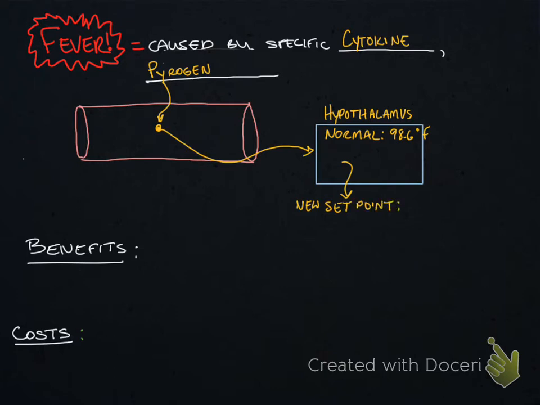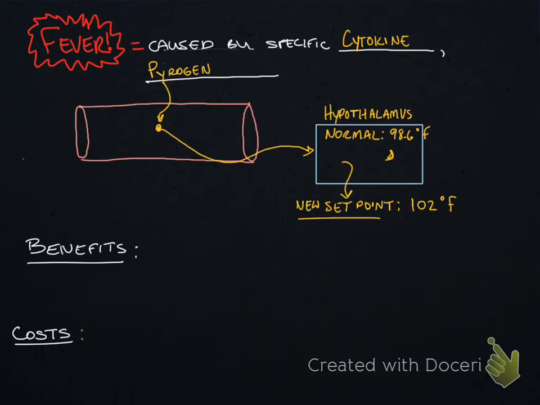And let's say that we have enough of these pyrogens that our new set point is 102 degrees Fahrenheit. Okay? So pyrogens get released into the blood, they travel to the hypothalamus. The hypothalamus has these sensors for pyrogen, and whenever it senses this, it will accommodate to the situation and give you a new set point, and we set ours at 102 degrees Fahrenheit.